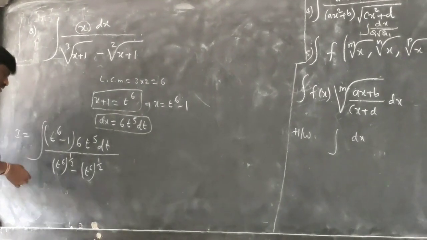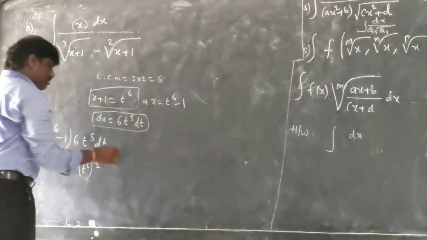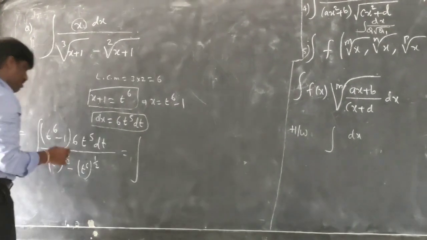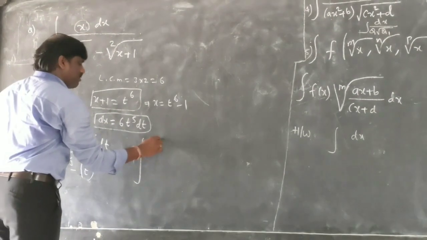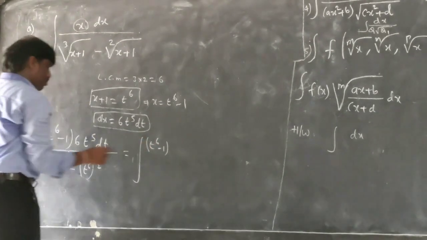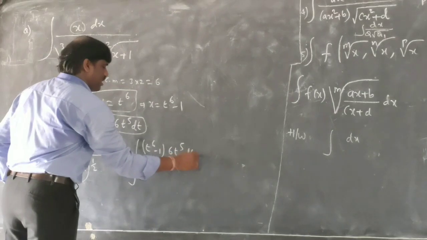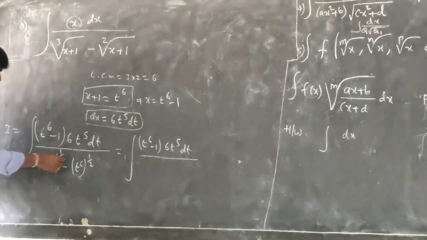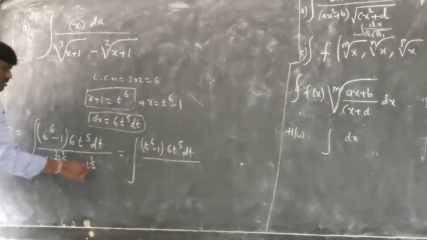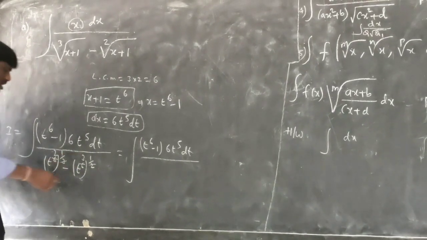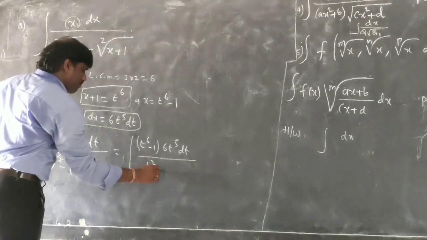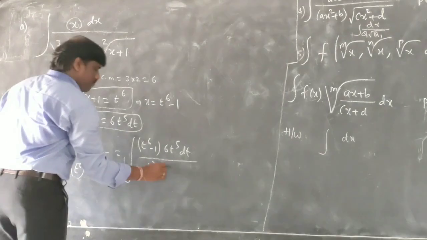What I am getting here is integration of t power 6 minus 1 into 6 t power 5 dt divided by, this is cancelled 2 times and this is cancelled 3 times, so I can write t square minus t cube.